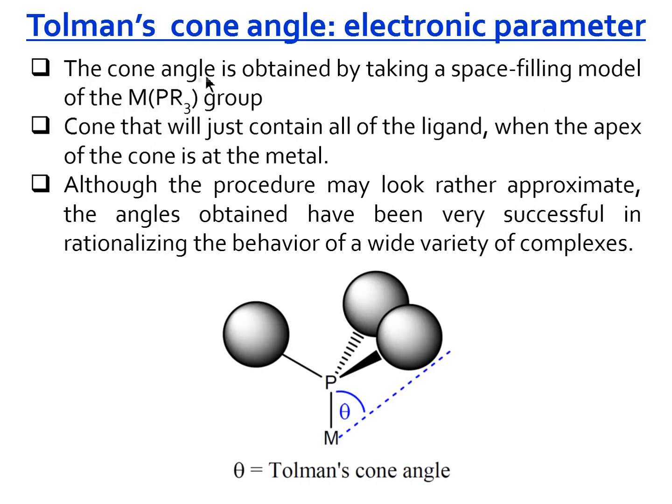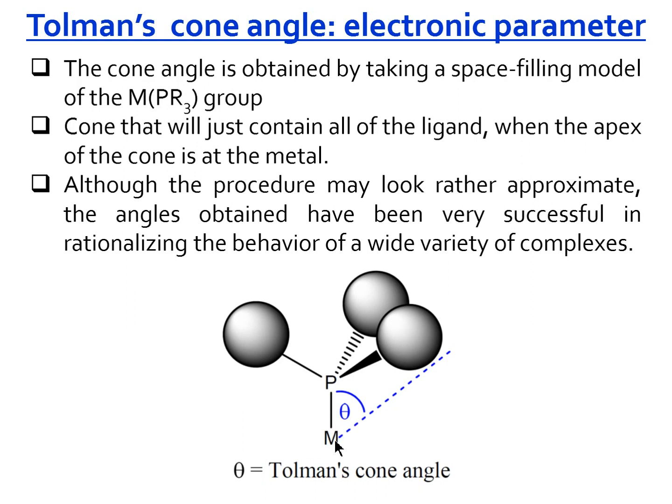Return to Tolman's cone angle. The cone angle, according to Tolman, is obtained by taking a space-filling model of the M-PR3 group, and this angle theta is the Tolman angle. It is the cone that will just contain all the ligand when the apex of the cone is the metal.